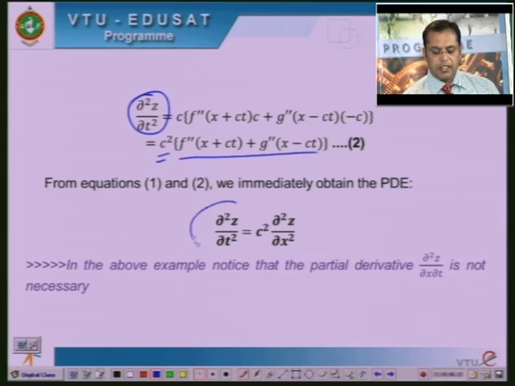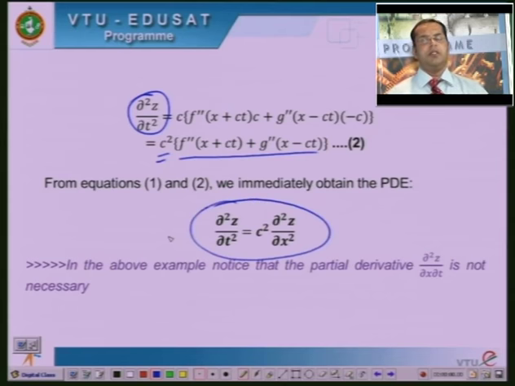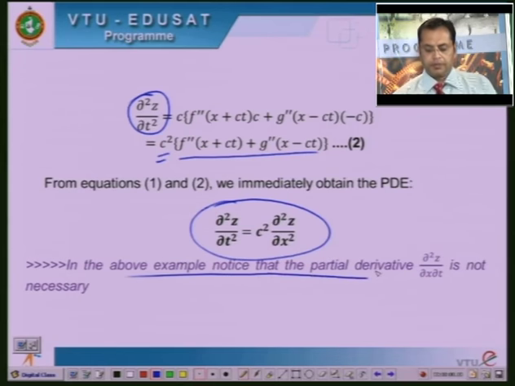So that dou square z by dou t square equal to c square into dou square z by dou x square is the required PDE. What you must observe is, in this example, the partial derivative dou square z by dou x dou t is not necessary for the formation of the PDE.